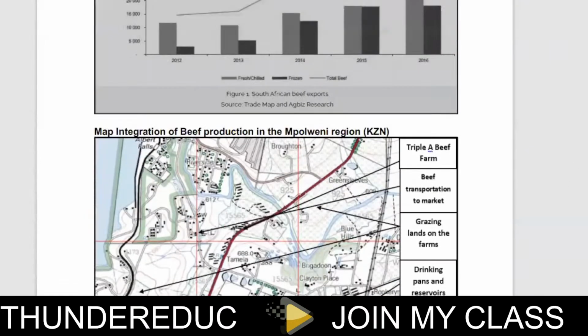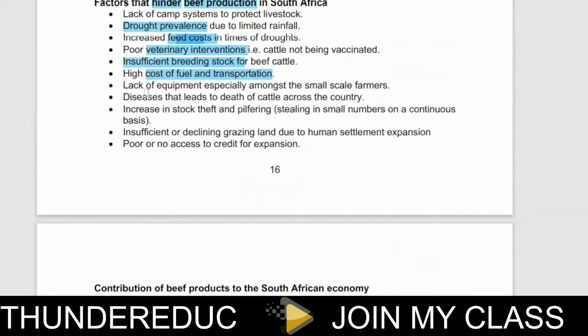Okay. Another challenge is lack of equipment, especially among small scale farmers. If you're a small scale farmer, you don't have enough capital to use. They employ family labor. Do you understand? So they don't have enough money to buy the equipment they need.